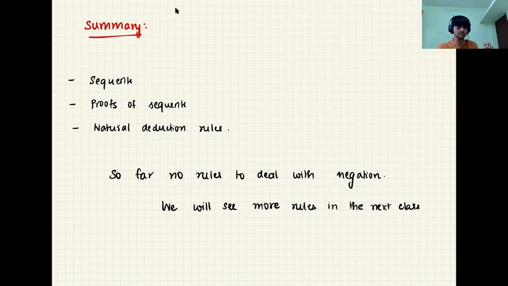We have not seen rules that deal with negation yet, because last class, when we derived the sequent from the question, we also had negation. So we need to deal with negation somehow. We will see some more rules, I think there'll be 3 more rules. We will see them next class, and then we have all the rules that we need to prove sequents.